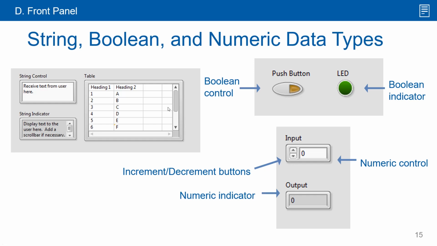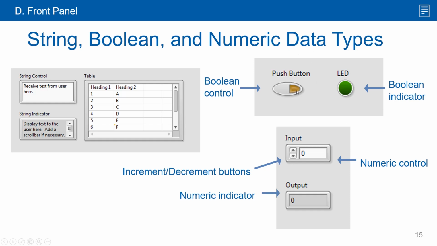So now Labview consists of different data types. First we discussed controls that are called interactive inputs, and we discussed indicators that are called interactive outputs. Like other languages, Labview has data types. One data type is Boolean.